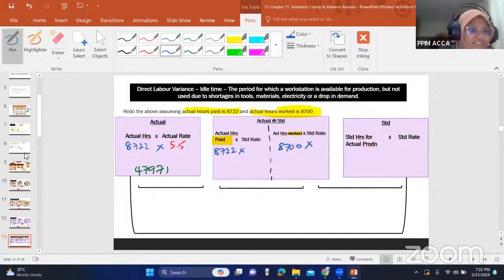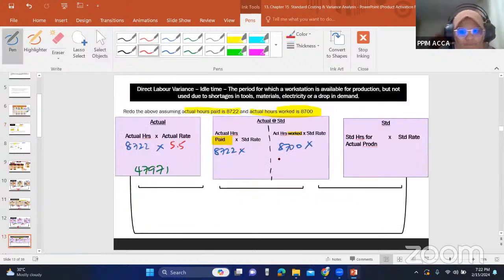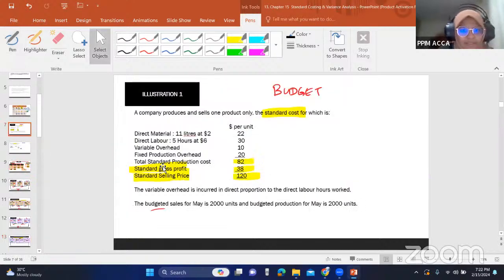Let's go to the budget to see what the standard rate was. It was 6. So you can put standard rate as 6 here, here, and here. Standard hours for actual production: the actual number of units we produced was 1,750, and the standard hours, from the question, is 5 hours.